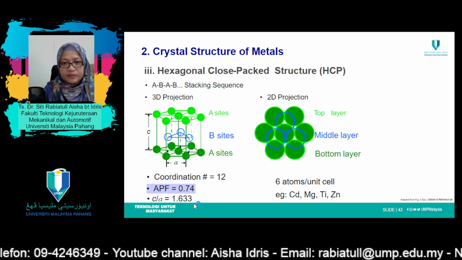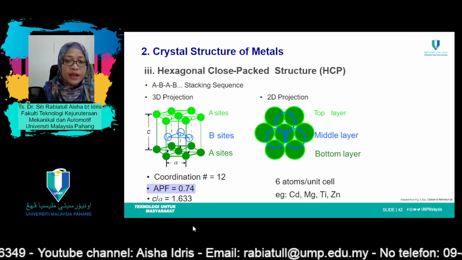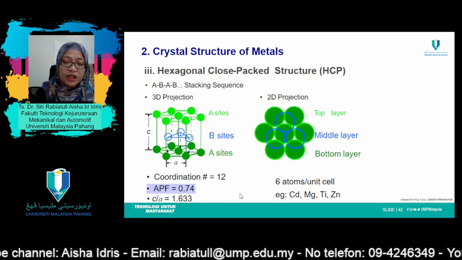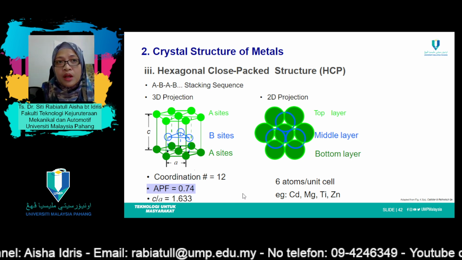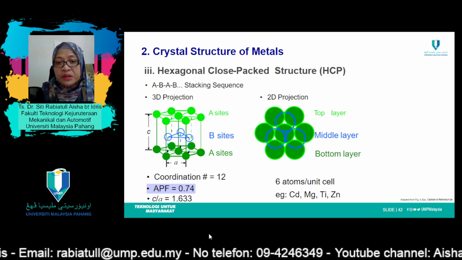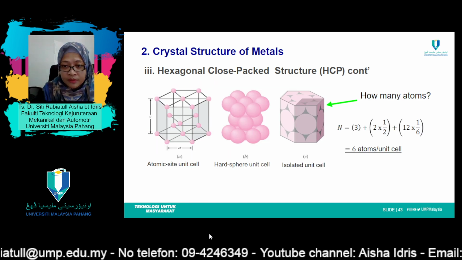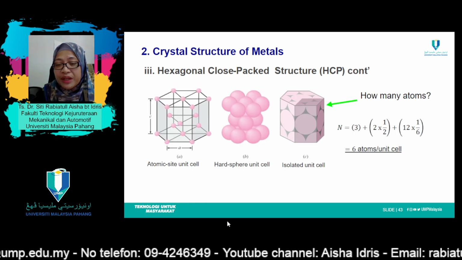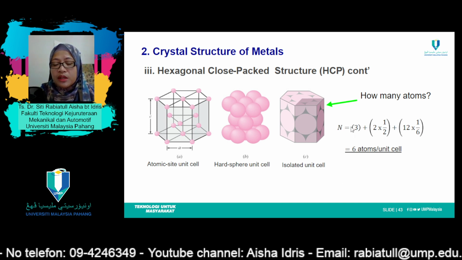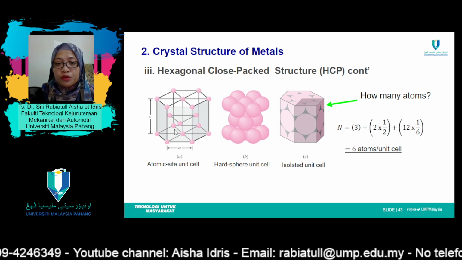Okay, the last crystal structure is HCP. This one is slightly different in how we calculate the number of atoms because of its complex crystal structure. Now let's look at how to calculate it. Number one, for the internal atoms, yes, we have 3: 1, 2, 3.